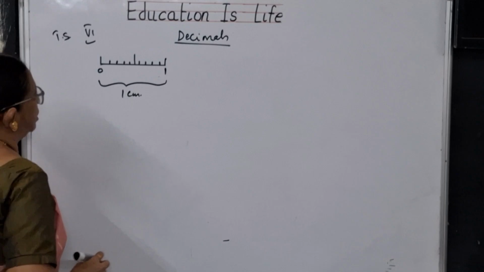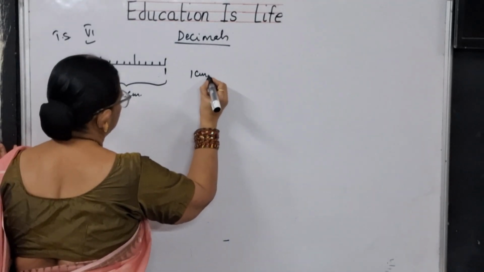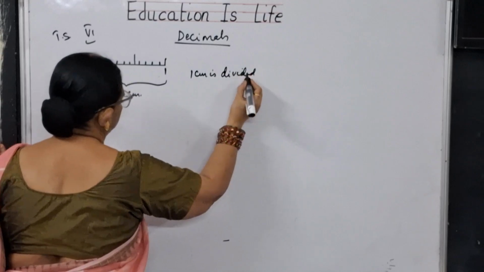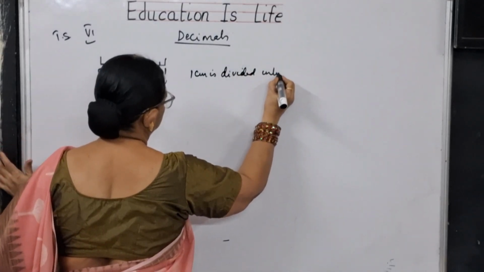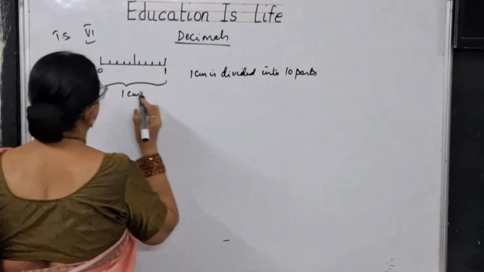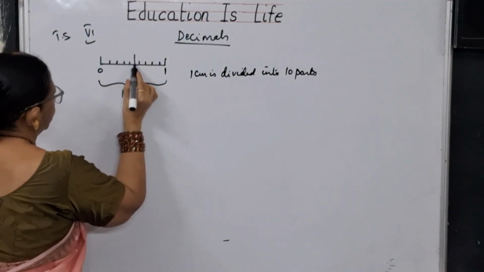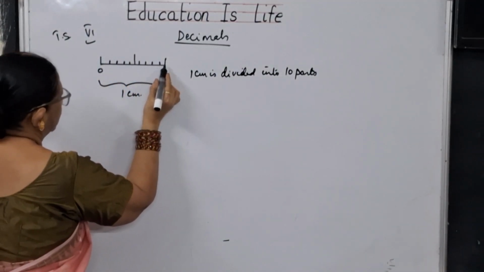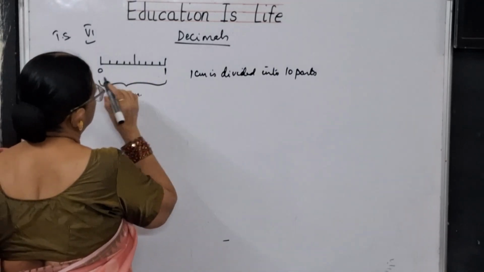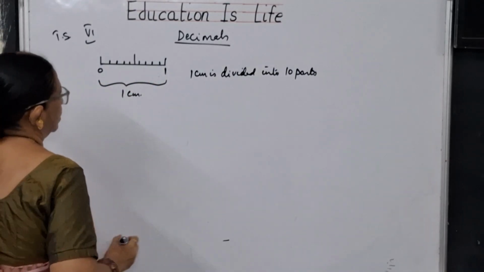But 1 centimeter is divided into 10 parts. Yes or no? These are all 1, 2, 3, 4, 5, 6, 7, 8, 9, and this is 10. Totally from here to here, they are divided into 10 parts.